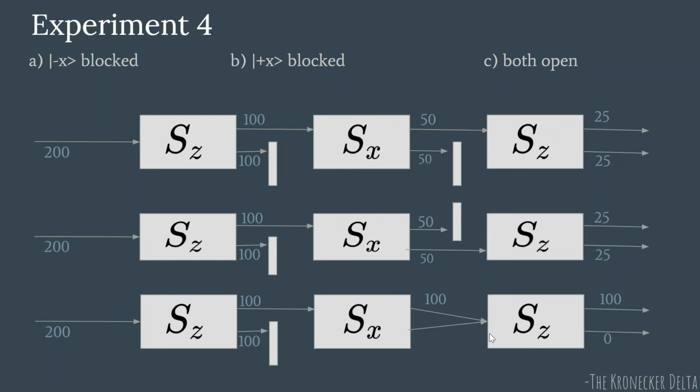It is very much similar to experiment 1, where the difference is that here we have Sx which is actually doing nothing. So the important point we note here is that if you put Sx here such that you combine both the beams without disturbing it, the system remembers what state it was in before this measurement. So Sz remembers that if it was plus Z, it was in plus Z, hence we get 0 atoms in the minus Z direction.